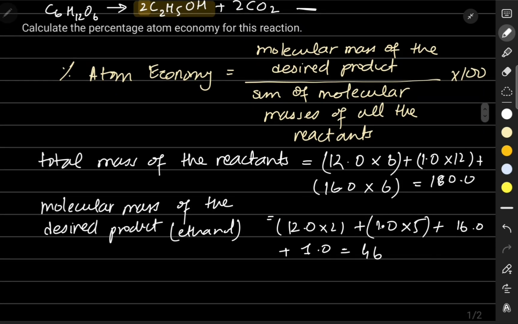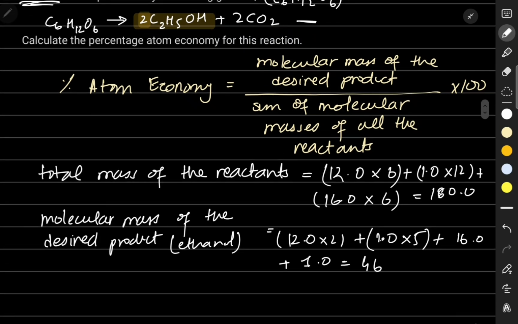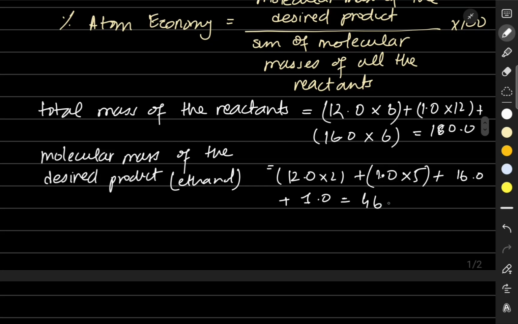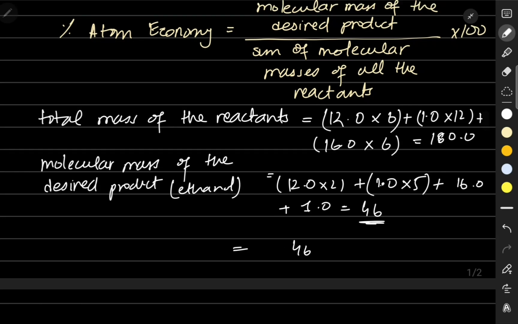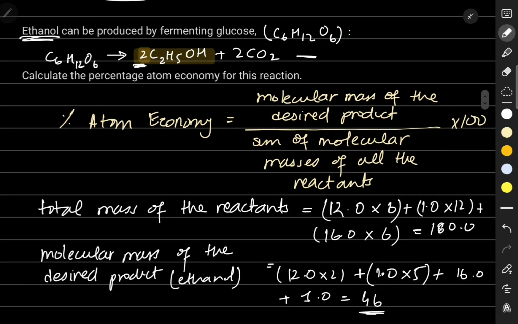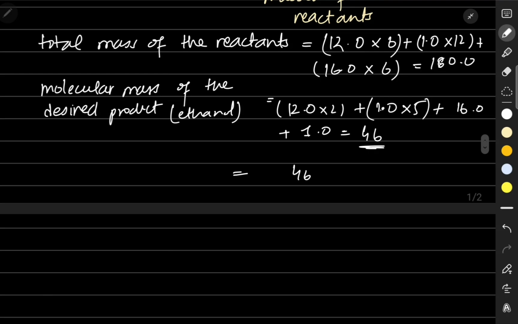So you go back in the equation, you see you have 2 ethanol molecules being made, so you're going to have to double this. You look at the coefficient right next to the desired product. This is for 1, right? So you times that by 2, and that's going to give you 92.